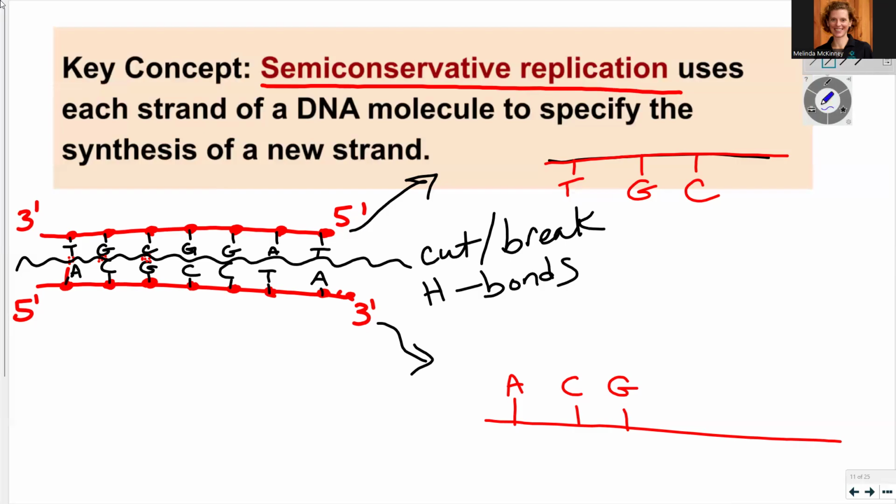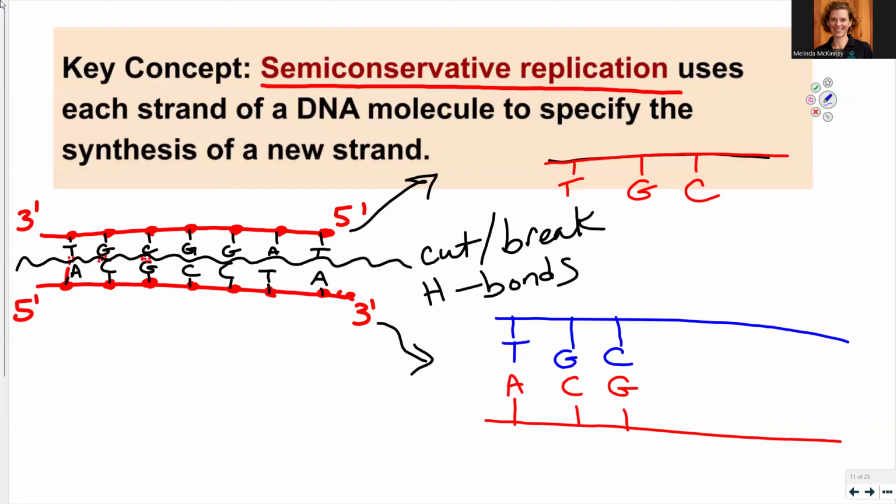Let's say the newly synthesized strand is represented in blue here. Then all the enzyme has to do is recognize that A is present, and it's going to add a nucleotide T. It recognizes that C is present, and it's going to add a nucleotide with G. So this just happens over and over again. Anytime DNA is replicated, we split apart the hydrogen bonds, and then we can use that to make a complementary strand.